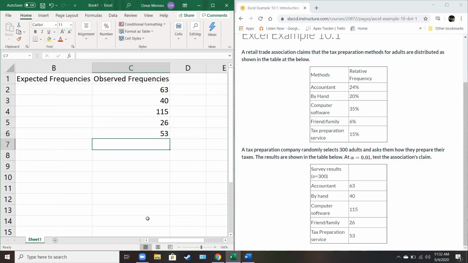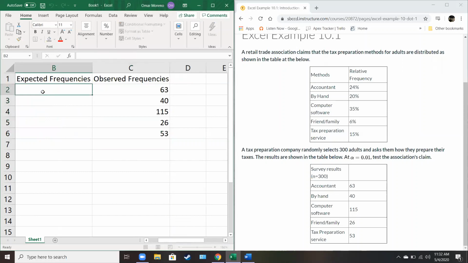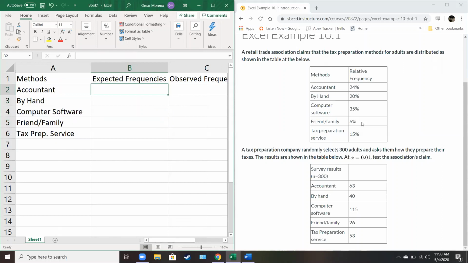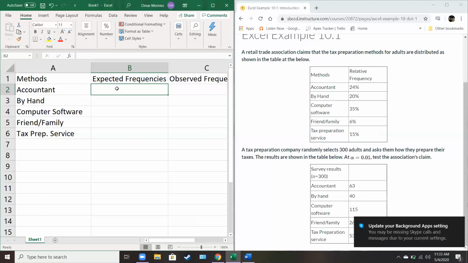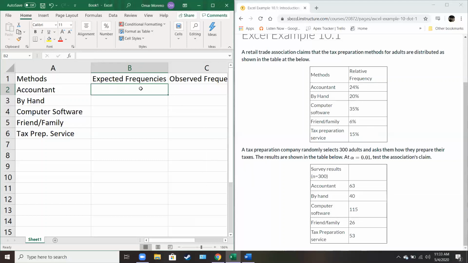Okay. The expected frequencies are, remember, we can find this by taking our sample size and multiplying by these percentages here, right? So it's going to be n times pi, where pi are those different frequencies. Let me plug in my laptop here. Okay, so I'm going to be taking my sample size, which is 300, and multiplying it by the percentages that I'm given for each category.